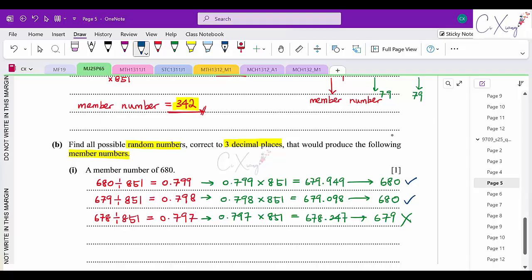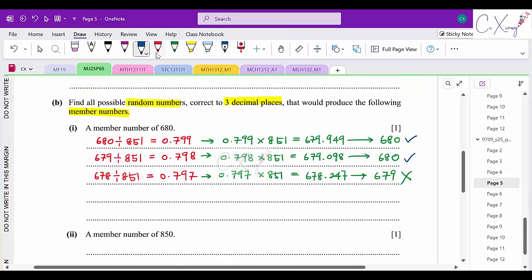All right, so I need to try and error because there's a simplification here. When you get the answer, you should get a very long answer, but because you cut it short to 3 decimal places, some numbers might appear where after you round it off or simplify it and multiply back by 851, it will give you the final member number as 680.